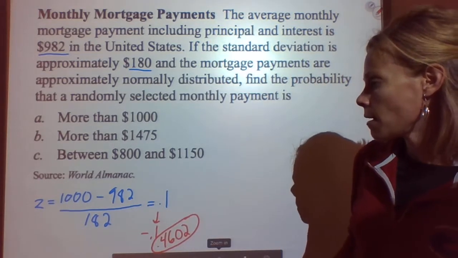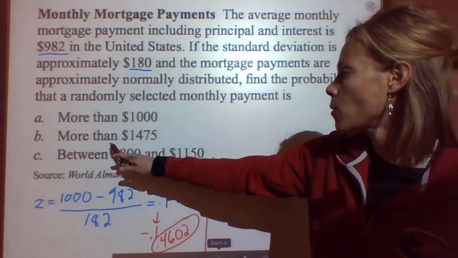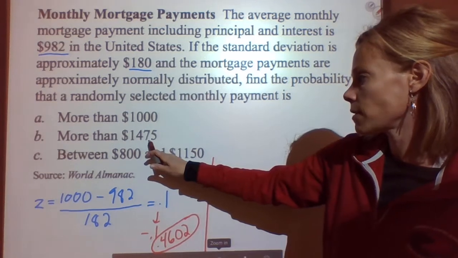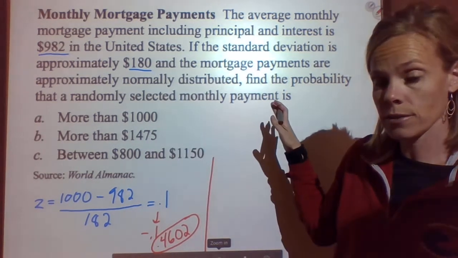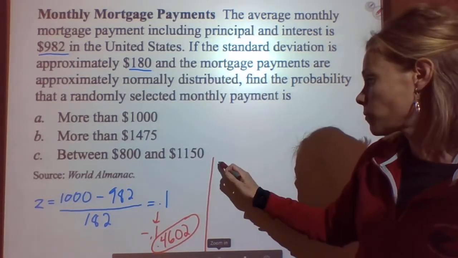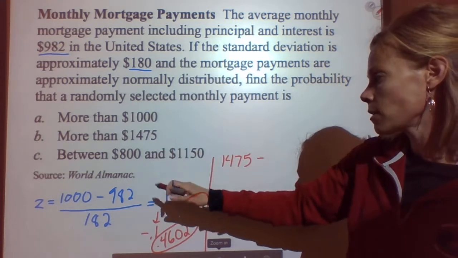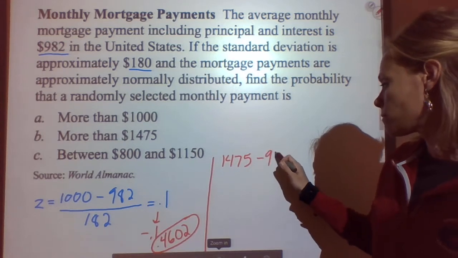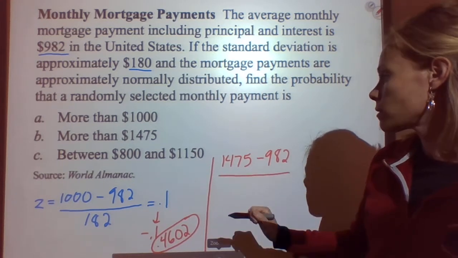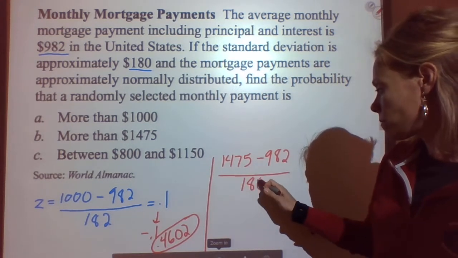Okay. How about more than 1,475? So that's another area to the right. So 1,475, that's my raw score, minus the mean, divided by standard deviation.